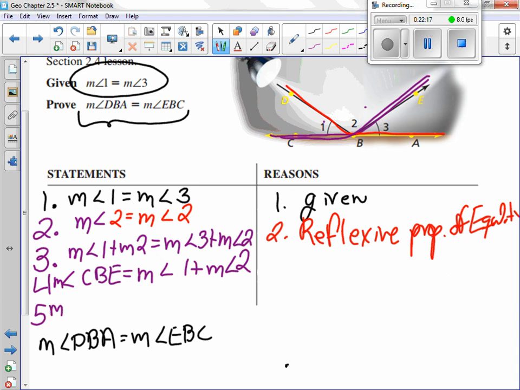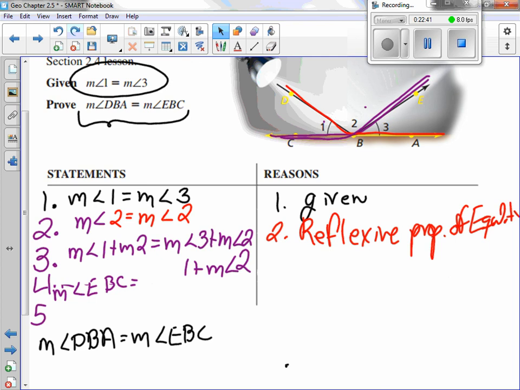The other angle, measure of angle EBC, is equal to the measure of angle 1.